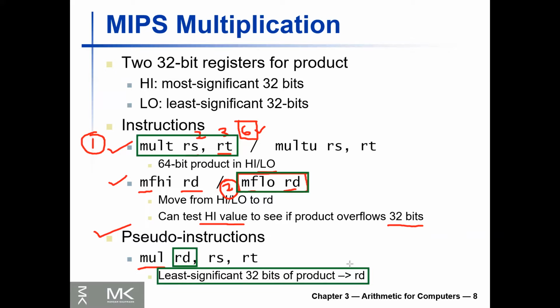Yes, clear. Okay, this is how it works. We can simply say this pseudo instruction is equivalent to two actual MIPS instructions: MULT RS, RT and MFLO RD. You can check it when you go to the lab and try the MUL instruction. After assembling, you can see how this pseudo instruction is translated into the actual instructions. All right.